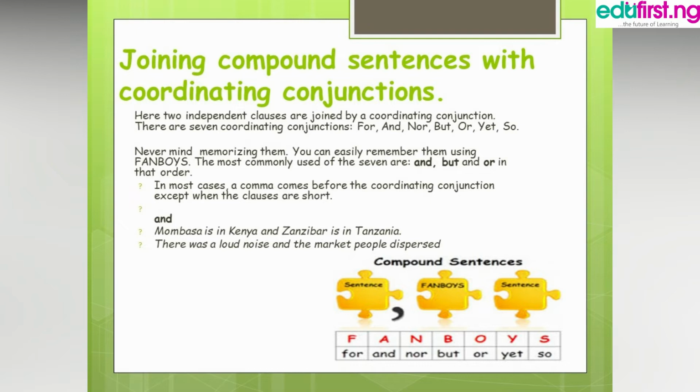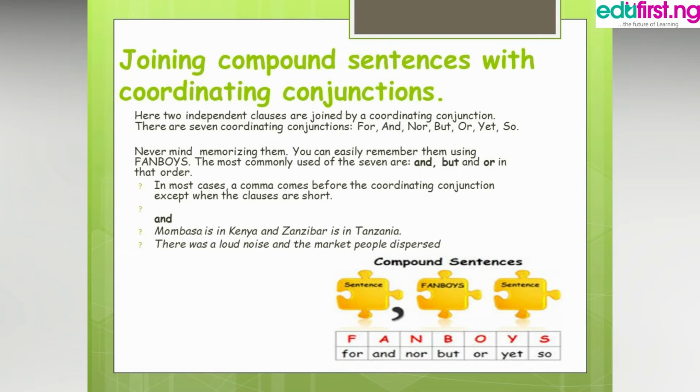Now, if we go back to the previous definition we gave, we said they are independent sentences that can stand on their own. So if we decide to split these sentences, we realize that they can stand on their own. Mombasa is in Kenya. Zanzibar is in Tanzania. They are two independent sentences.